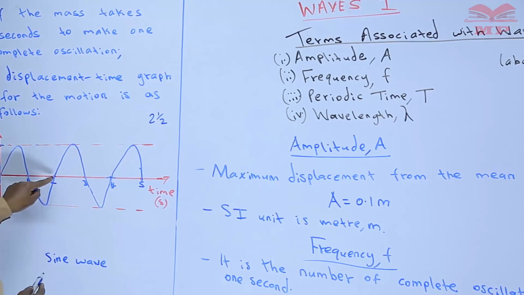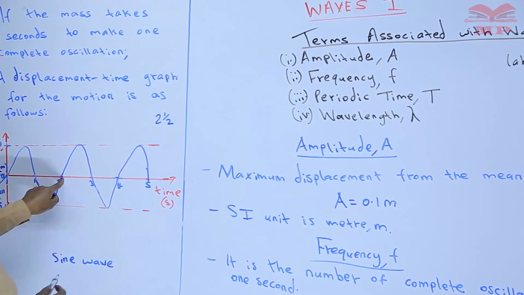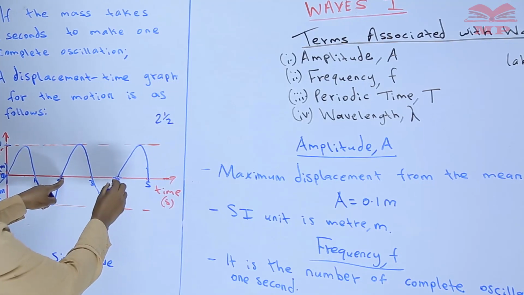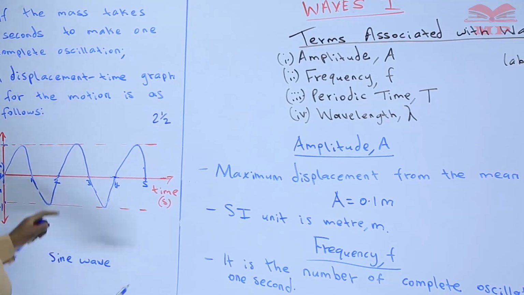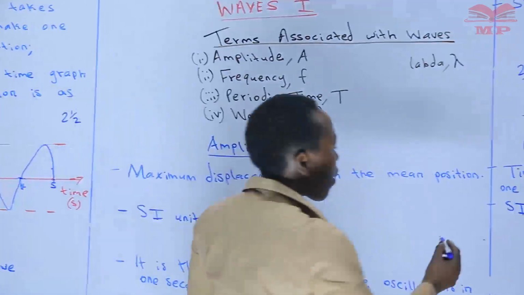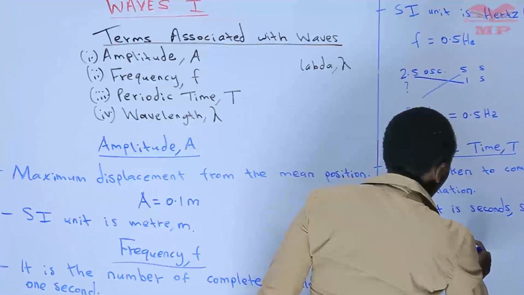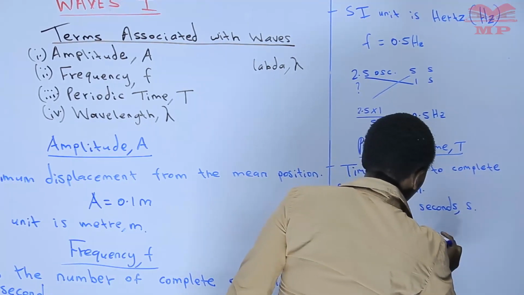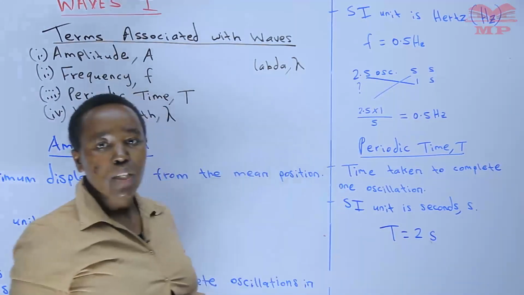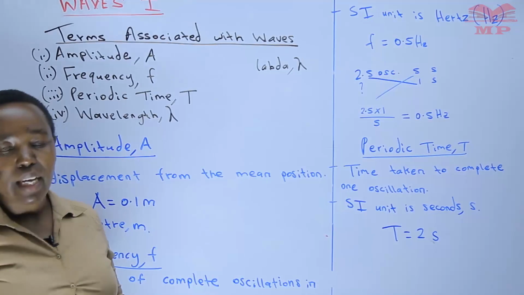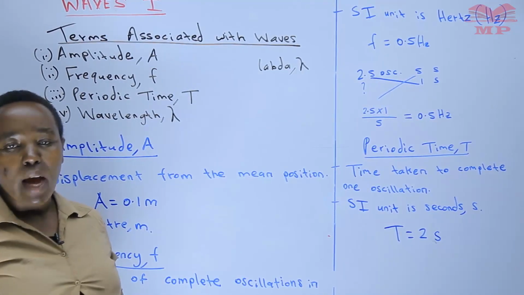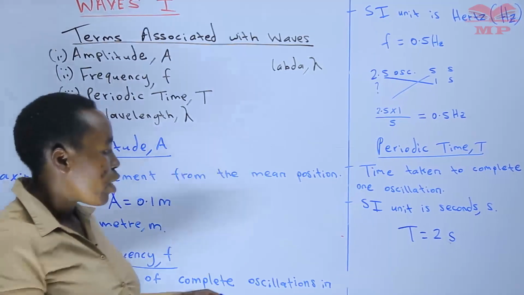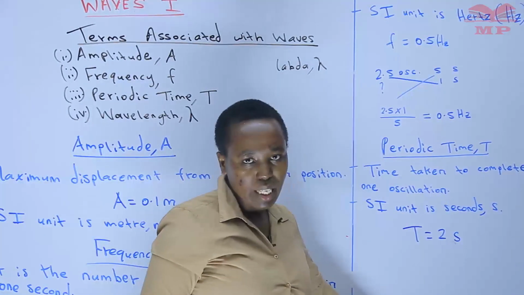We can even start from here for a complete oscillation, up to here, 4 minus 2, which is 2. So the periodic time here is 2 seconds. It is the time taken to complete one oscillation. Time for one oscillation is what we are calling the periodic time.